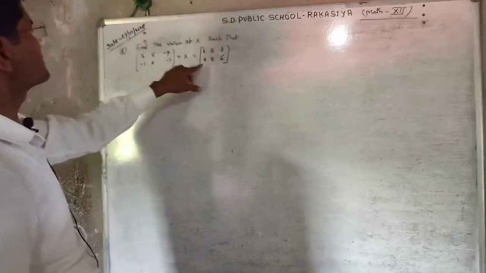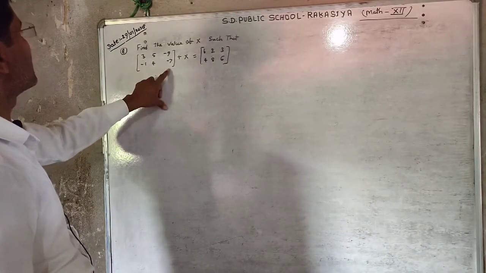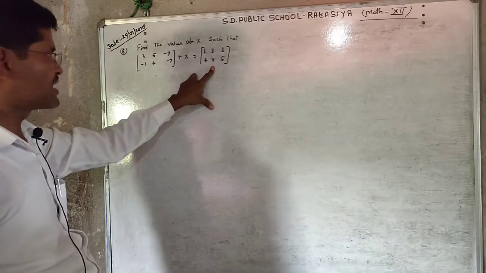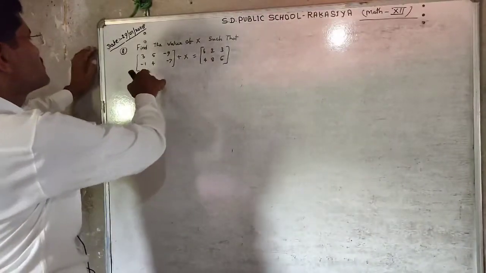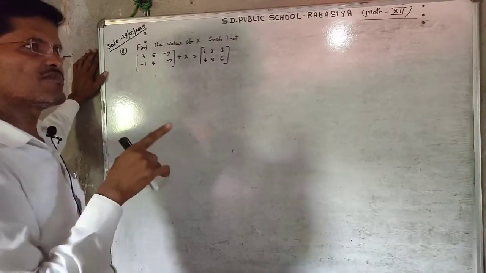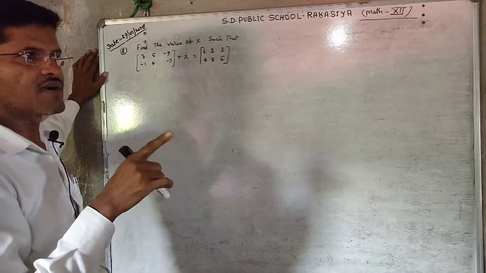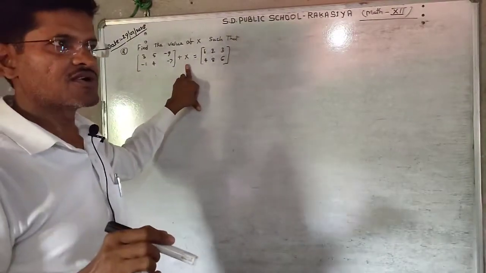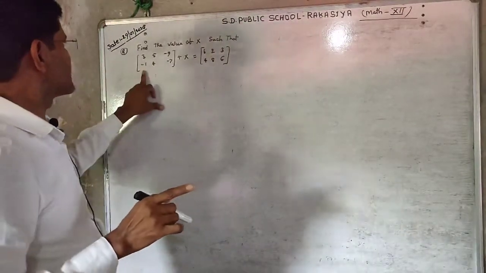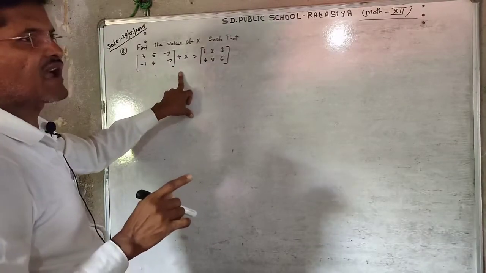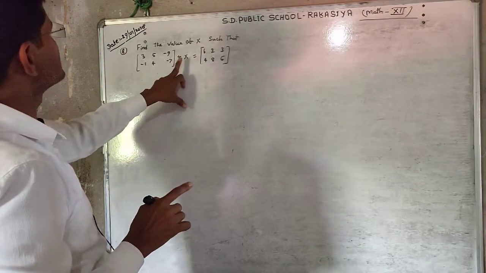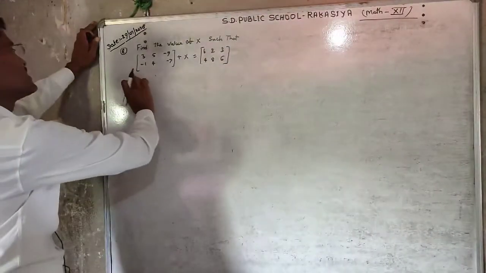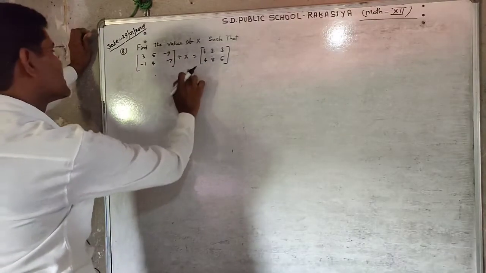Here the known matrices are of the order 2 by 3, so X will also be of the order 2 by 3, because addition and subtraction can be done only when the order of X is also 2 by 3. Now we can simplify very easily.